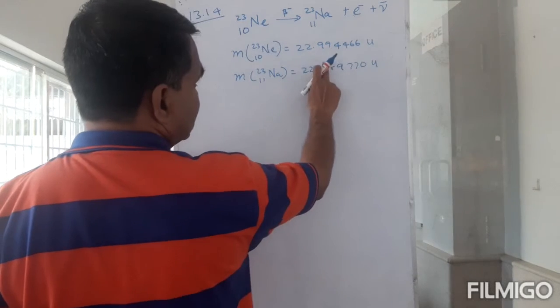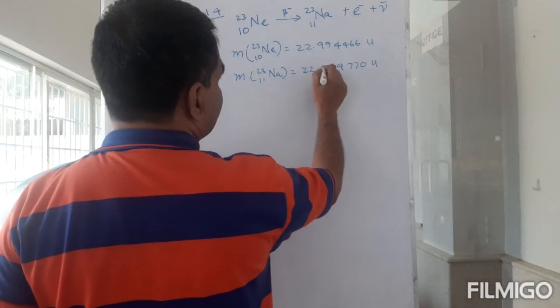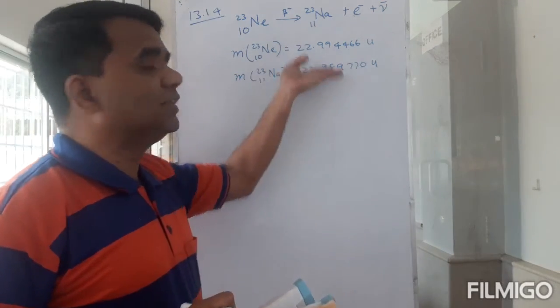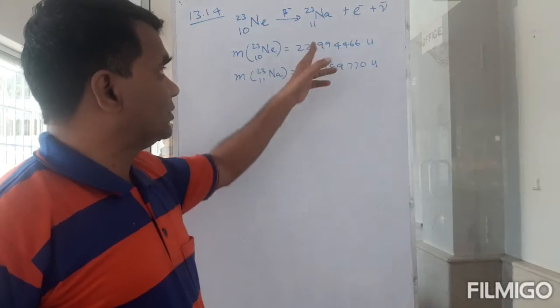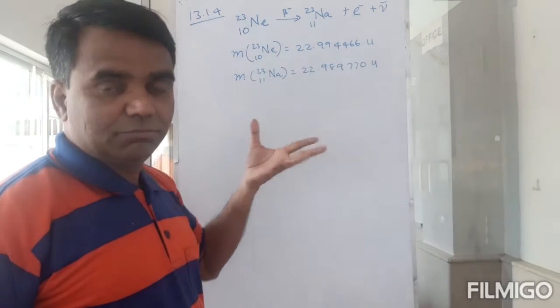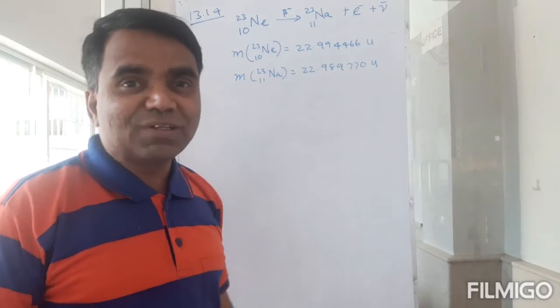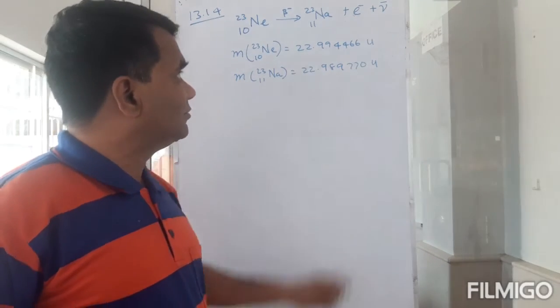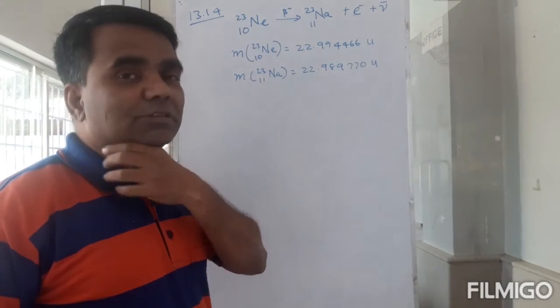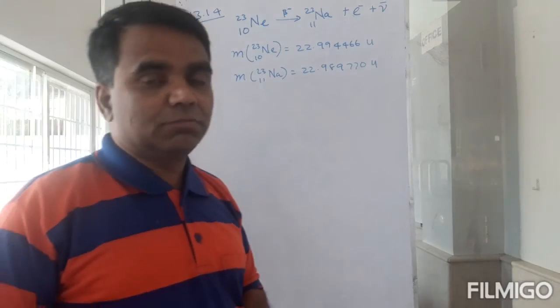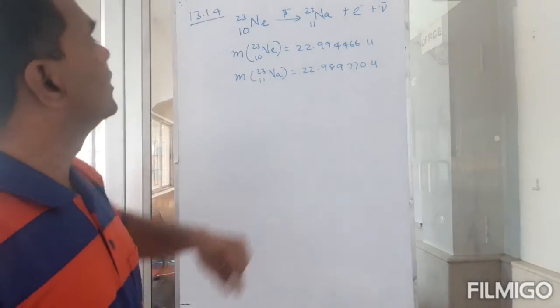I doubt this. This must be 9. It cannot be 0. You can't have such a big difference. Like, 1 unit means that you are going to get 931 mega electron volt. So this must be 0.98. Cannot be 0. I think the book is wrong in that.